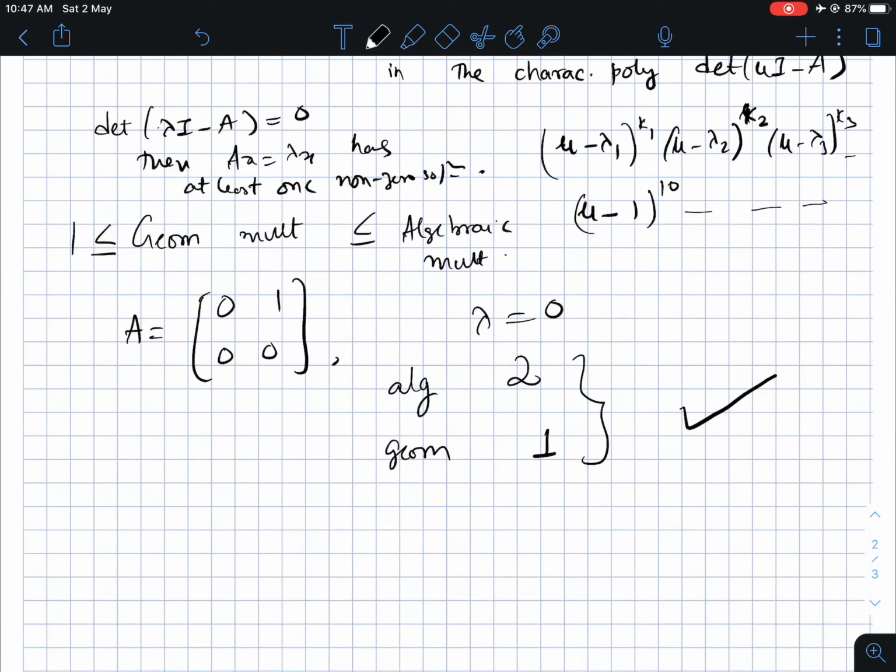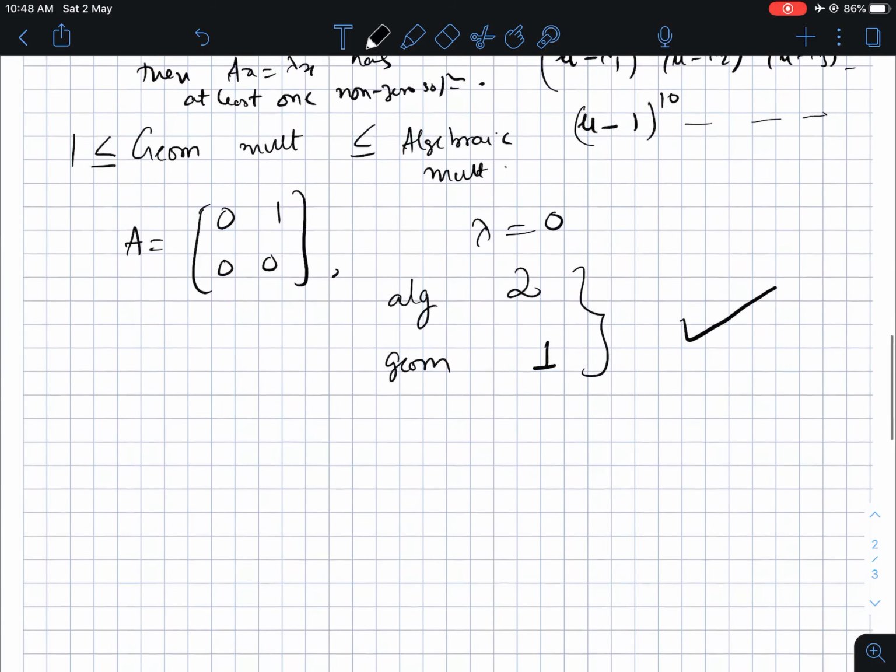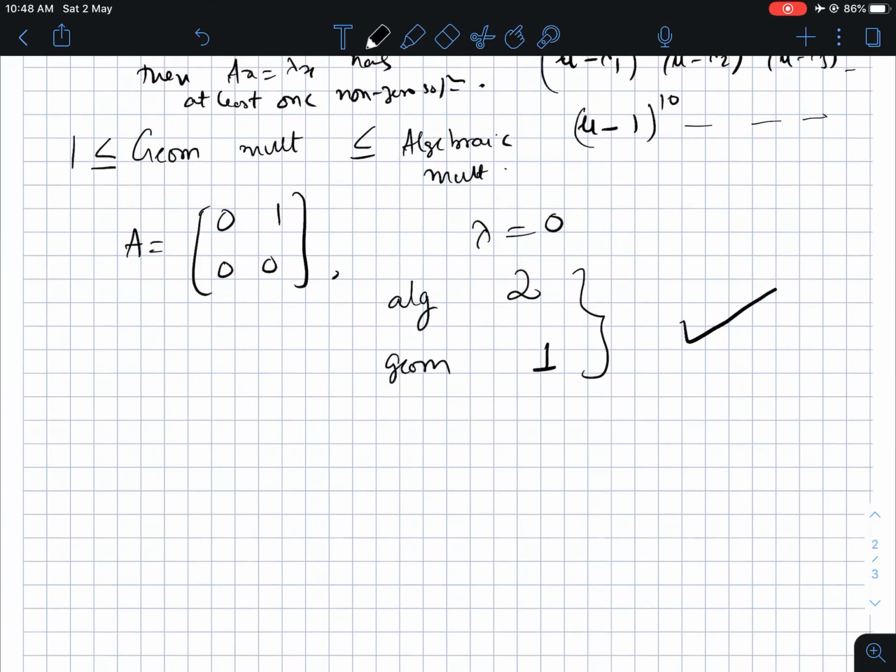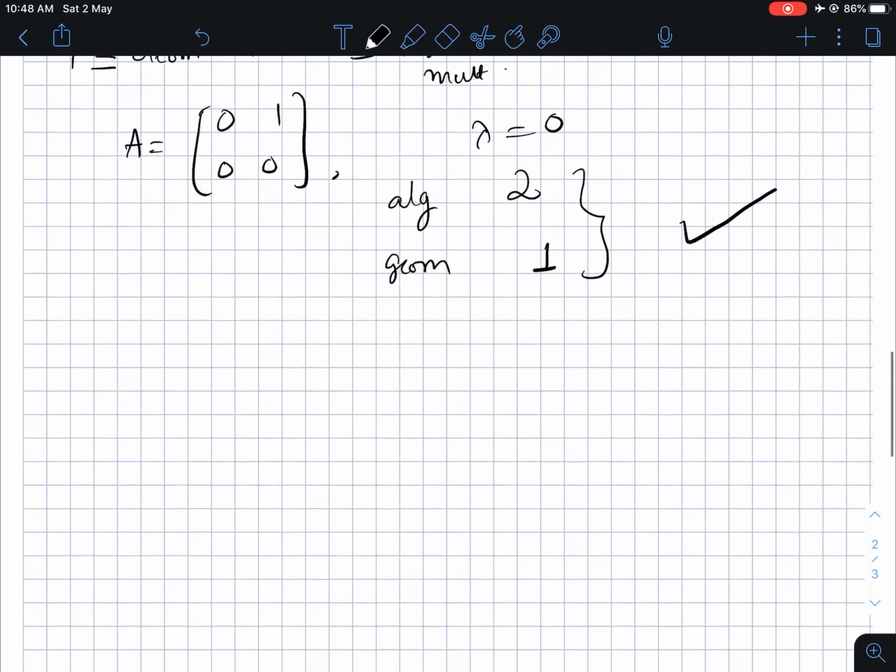This we will try to understand in slightly more detail, without many proofs actually, in this lecture. We'll just try to understand. Of course, it is possible for a matrix to have many eigenvalues, each with different multiplicities. For example, let us take this 3 cross 3 matrix.